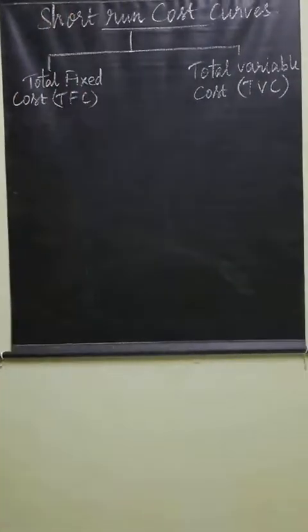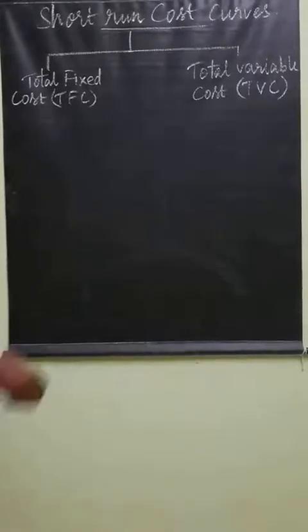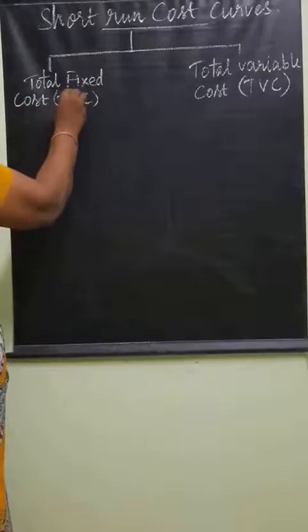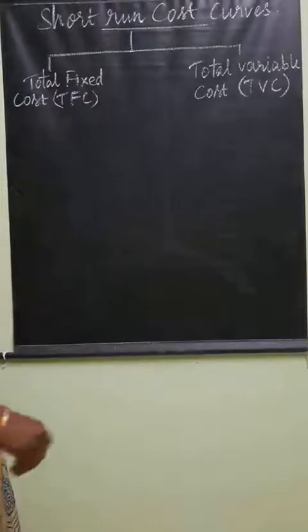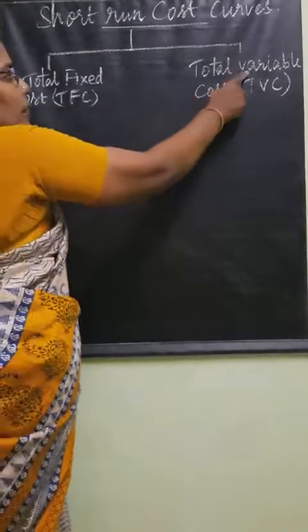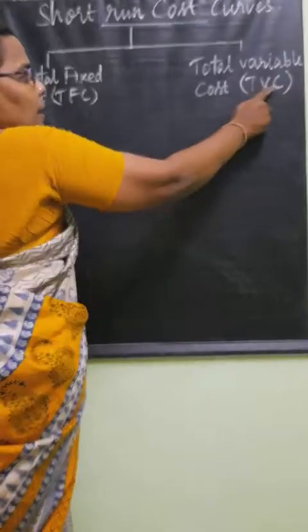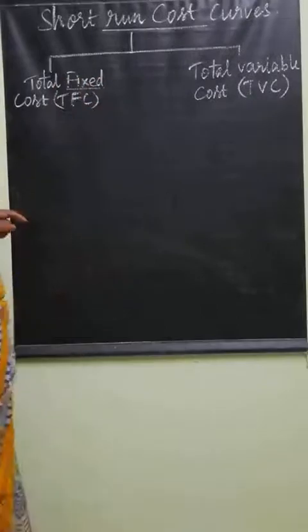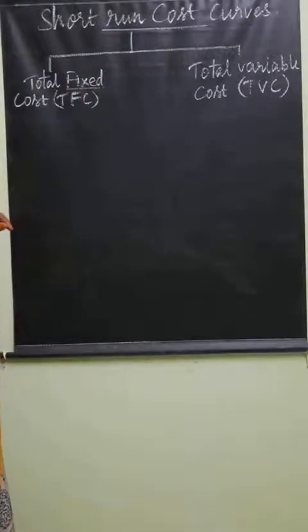We have two types of short run cost curves. One is total fixed cost, TFC. The other one is total variable cost, TVC. I already told you fixed cost does not change with the change in the output, isn't it?